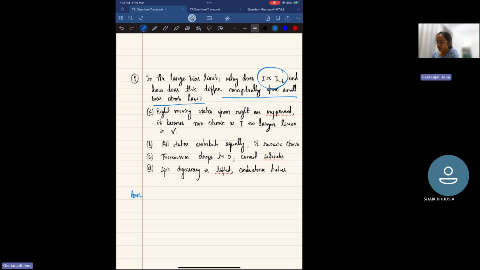Option A, right moving states from the right are suppressed and it becomes non-ohmic as I is no longer linear in V. Option B, all states contribute equally and it remains ohmic. Option C, transmission drops to 0 and the current saturates. Option D, spin degeneracy is lifted and conductance is half. So how is this large bias limit different from the small bias limit which satisfies Ohm's law?